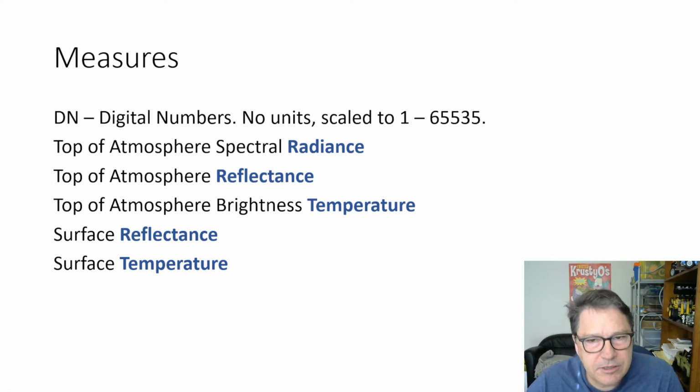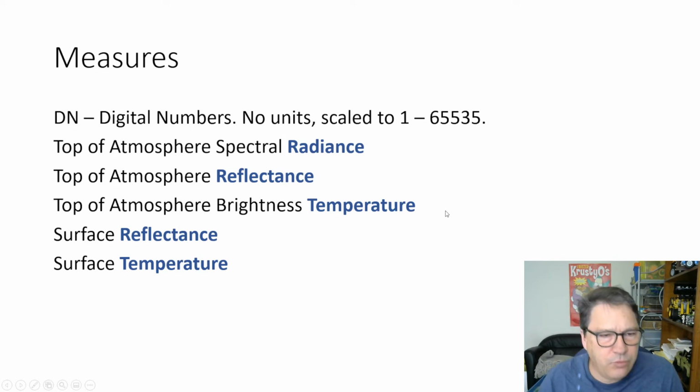Then you can apply some simple corrections to compute either radiance or reflectance from those digital numbers. This is termed top of atmosphere spectral radiance and top of atmosphere reflectance. And from the TIRS instruments, you can compute top of atmosphere brightness temperature.